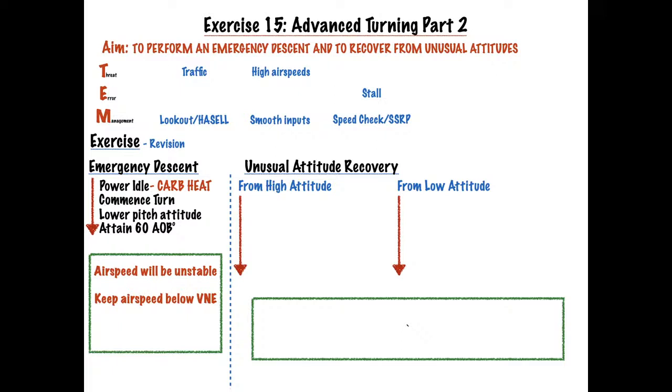So if the aircraft gets too fast, we reduce the bank angle a little bit and then pull up a little bit, let the aircraft slow down, and then go back into the steep turn. Keep that back pressure and slowly increase the bank angle to 60. And we're going to control the airspeed with pitch, but remember, bank angle first.